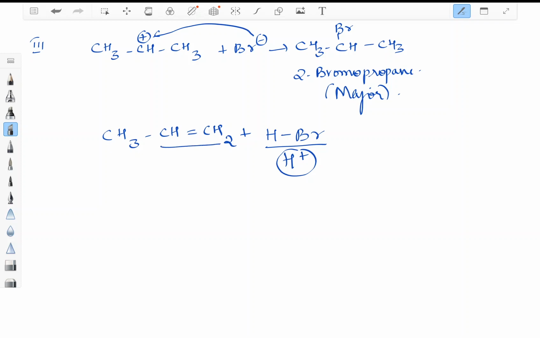These are the two double bonded carbons. It attaches to the double bonded carbon which has the greatest number of hydrogen. This carbon has the greatest number of hydrogen. So this should go here.